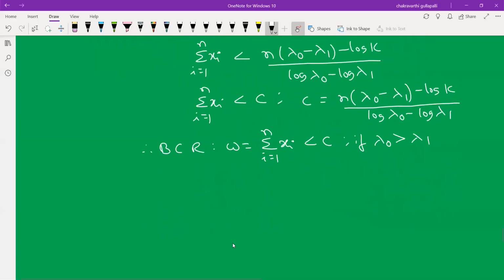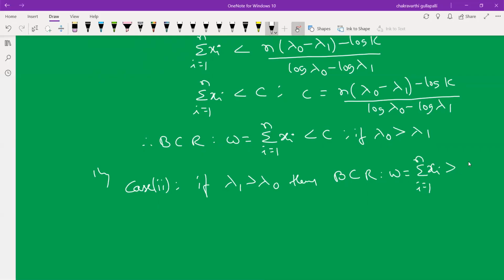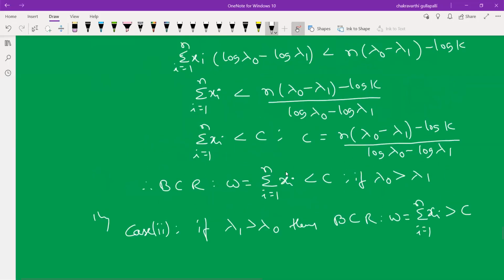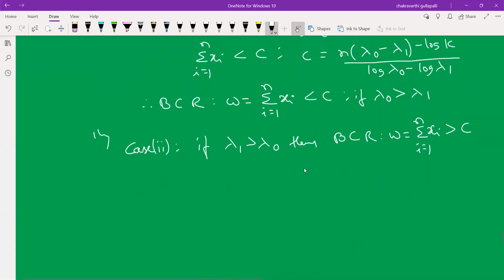Similarly, case 2: if lambda 1 is greater than lambda naught, then by applying the same procedure, the BCR W is equal to summation xi, i equal to 1 to n, is greater than C. There are two BCRs, two conditions, two cases.